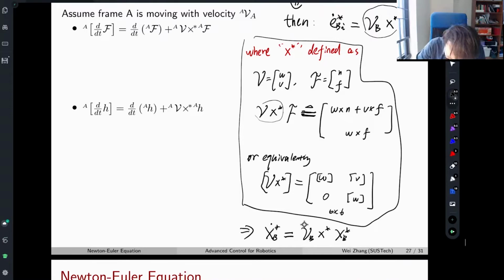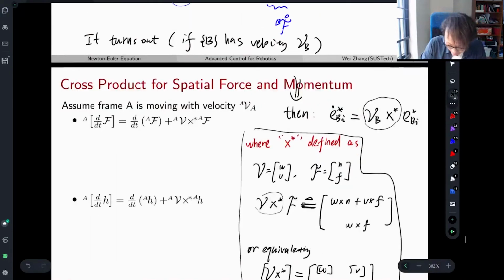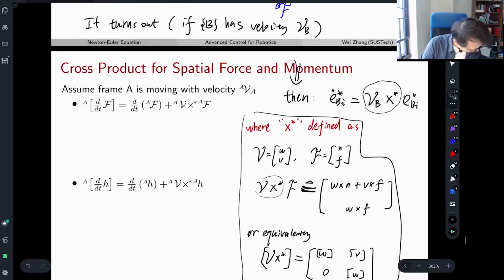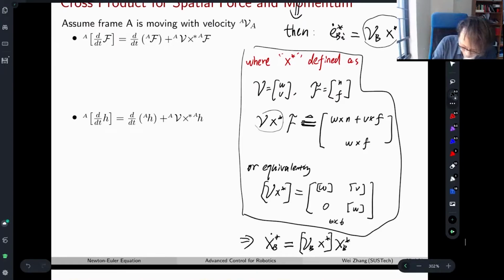Now let me think about this this way. It's a 6x6 matrix times a 6x6 matrix giving you another 6x6 matrix, quantifying the change of that coordinate basis vector. Anyway, there's also a fact. This is a fact you can check very easily.